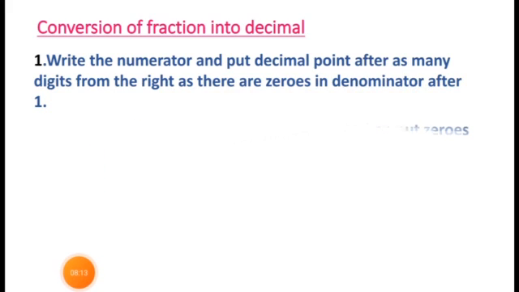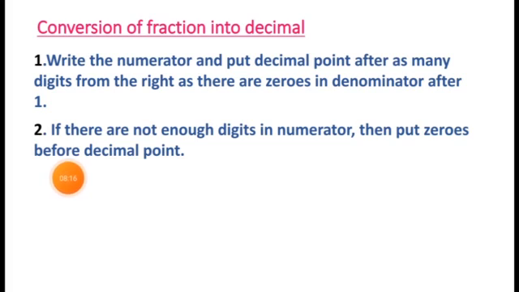And the next thing is that if we don't have enough digits in the numerator, then we put that many zeros before the decimal point to represent the whole number, in the numerator part.